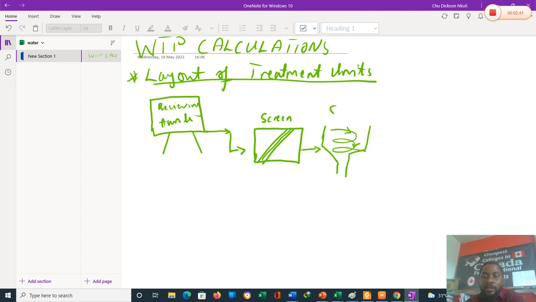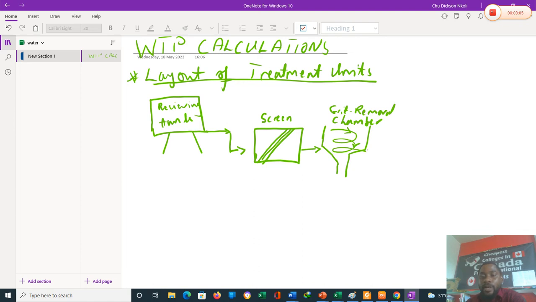The grit remover chamber removes silt and other materials that can damage the rest of the treatment units.